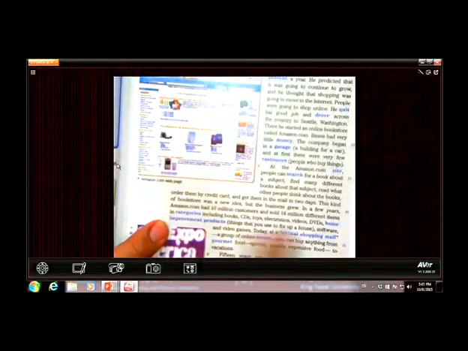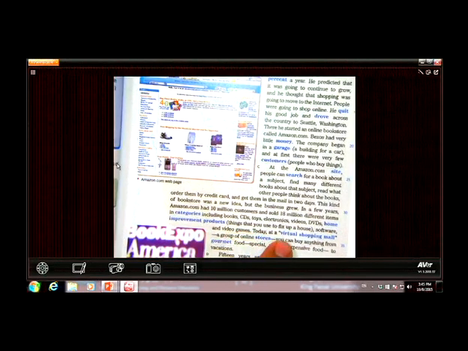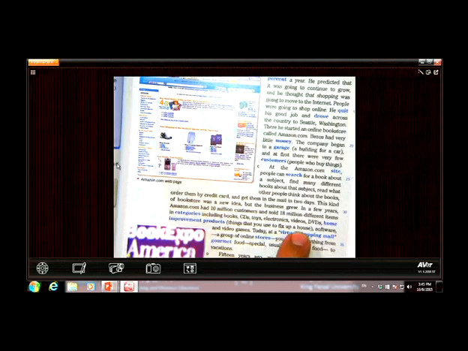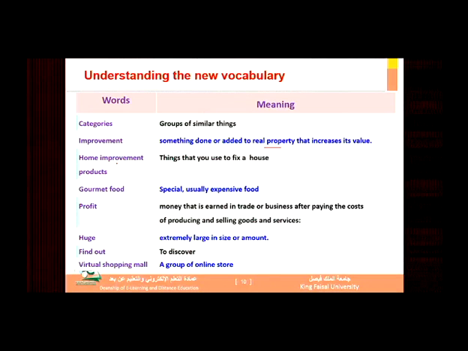Home improvement products are things that you use to fix up a house. Okay, so at least we know where they are in the article. So again, home improvement products are things that we use to fix a house, as you can see here.